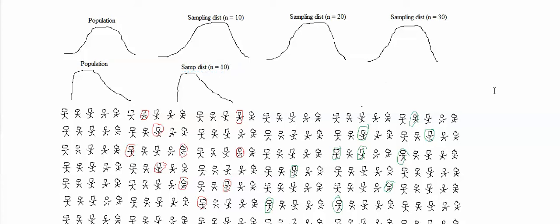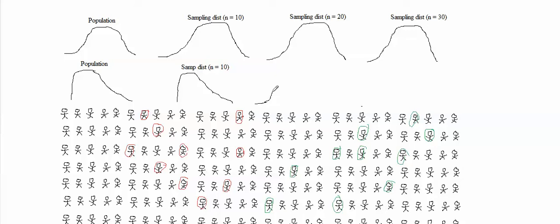Now what if I wrote out all possible samples of 20 people, and I calculated the mean of each possible sample of 20 people, and then I created a histogram with the possible samples of 20 people. Since the sample size is going from 10 up to 20, this sampling distribution will actually be more normal than this sampling distribution.